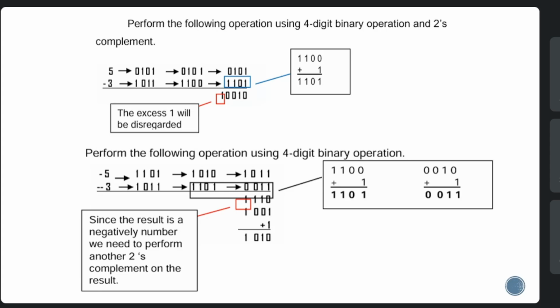So 1100 plus 1, the answer is 1101. And then the earlier one, 0010 plus 1, so it became 0011. And what is added in the two's complement is the LSB, the least significant bit.